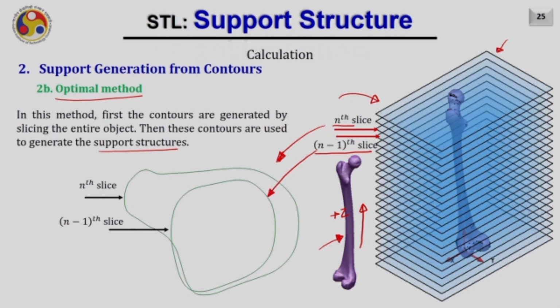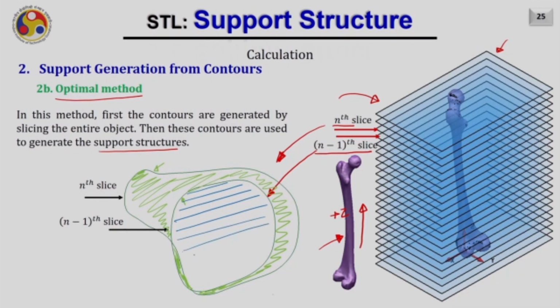It can be observed very easily that after deposition of this slice, this region is going to be the overhanging region, while this portion here will be the supported region. By utilizing this analogy, we shall now discuss how we can proceed further to generate the support automatically.